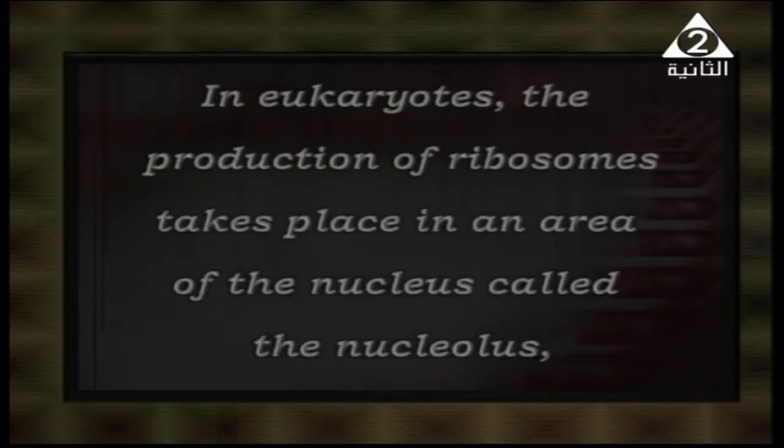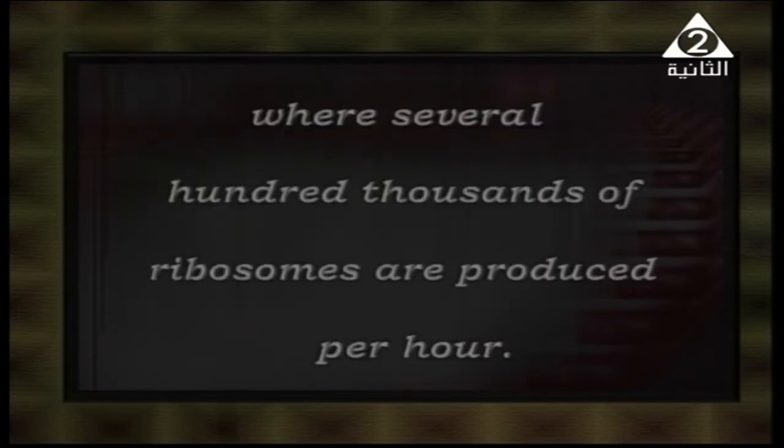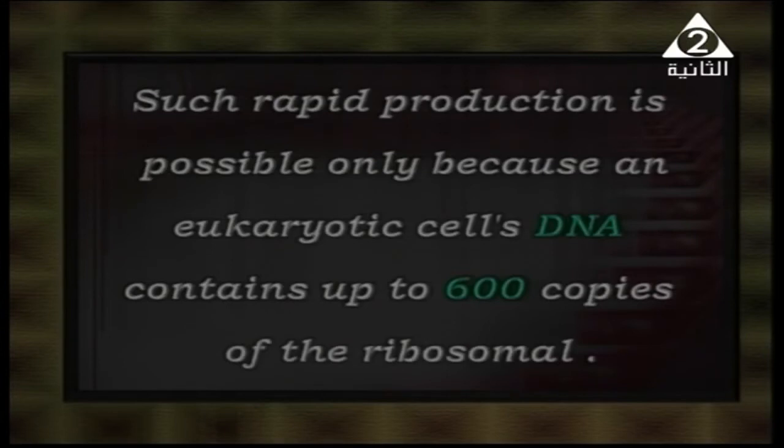In eukaryotes, the production of ribosomes takes place in an area of the nucleus called the nucleolus, where several hundred thousand ribosomes are produced per hour. Such rapid production is possible only because a eukaryotic cell's DNA contains up to 600 copies of the ribosomal genes.